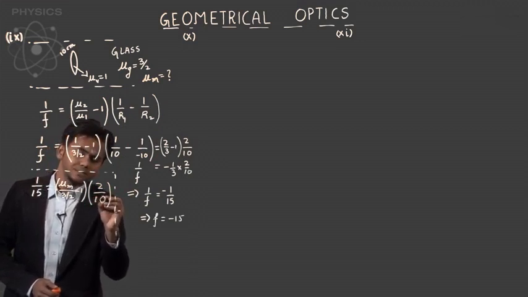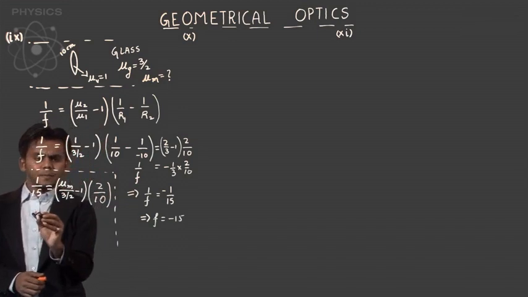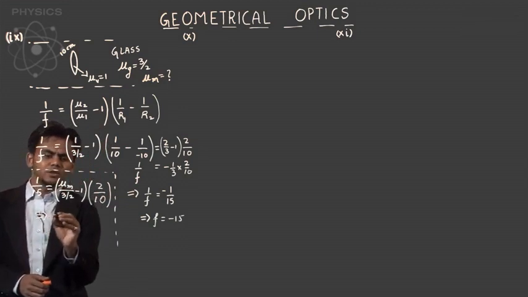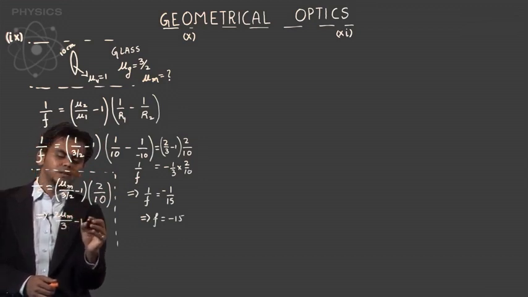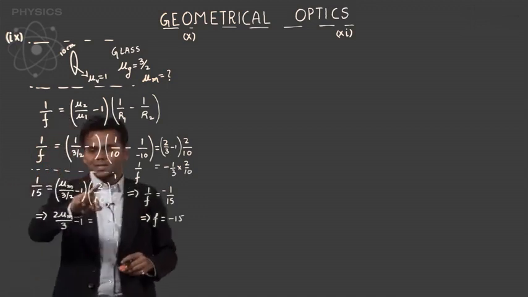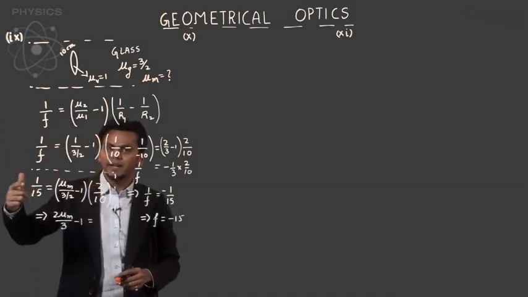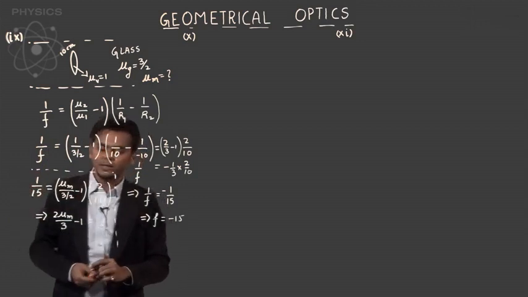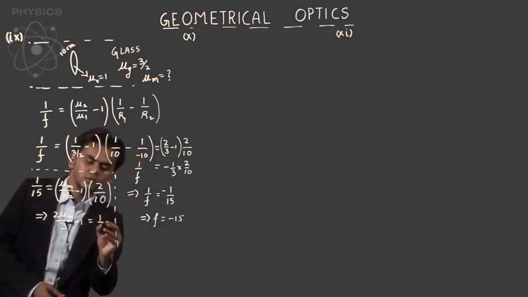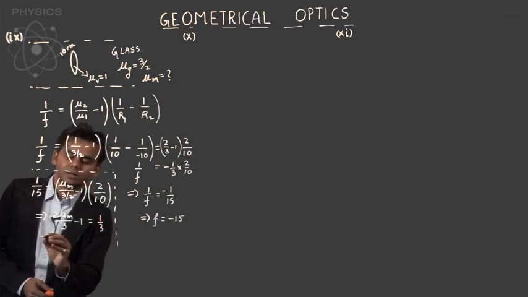Now, if I carry the calculation further, what I'll get is 2 mu m upon 3 minus 1 gives you, this 2 by 10 goes here, becomes 10 by 2. 10 by 2 is 5. So 5 into 1 by 15, which is 1 by 3. So this thing here is 1 by 3.